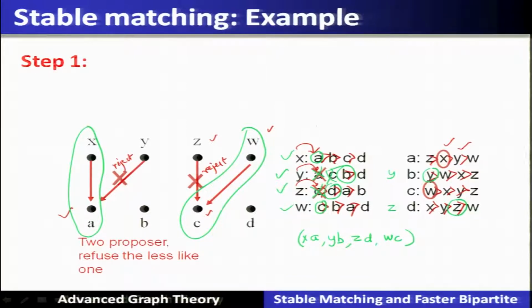Here let us assume that X, Y, Z, W are men and A, B, C, D are women. What we see in this algorithm is that we started with the men, so this algorithm is men optimal.